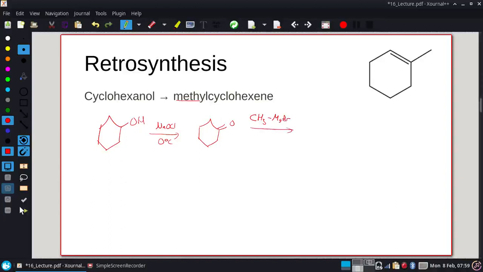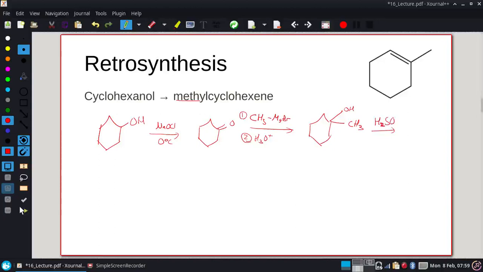And then I'll follow that up with some acid. And the reason I'm doing that is because that's going to have our OH and that CH3 onto that location. And then, to turn this OH into a double bond there, I'm just going to use a pretty strong acid with some heat.